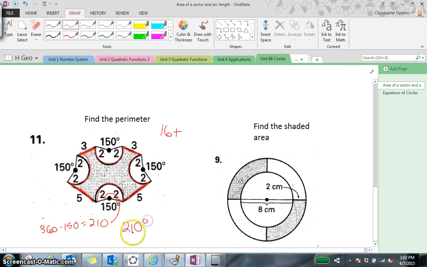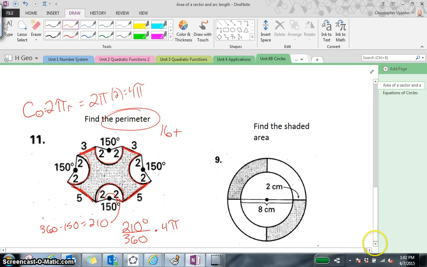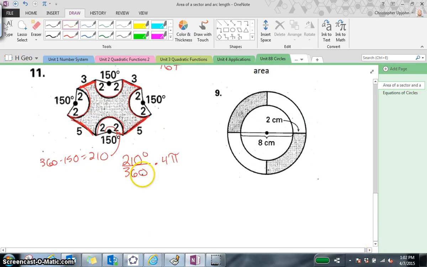So 210 over 360 times the circumference of our circle, because we're finding perimeter. We're finding distance. So our circumference, again, is 2 pi r. In this case, it's 2 times pi times my radius, 2, 4 pi. So when we do 210 divided by 360 times 4 pi, we get about 2.3 repeated, actually, pi. But we got to multiply by 4 because there's 4 of those little arcs.